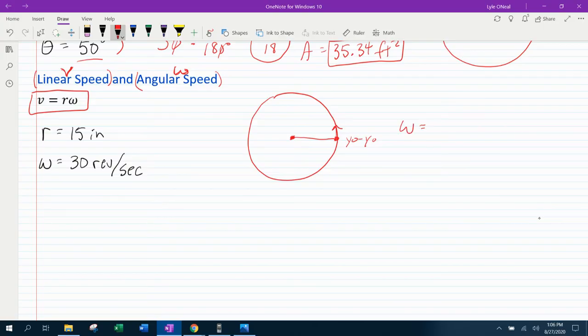So we could say the angular speed is so many revolutions per minute or per second, per hour. It doesn't matter really what the time is. You can use any time unit you want, but it can be a number of revolutions per time unit. And that's how fast it goes in the circle.